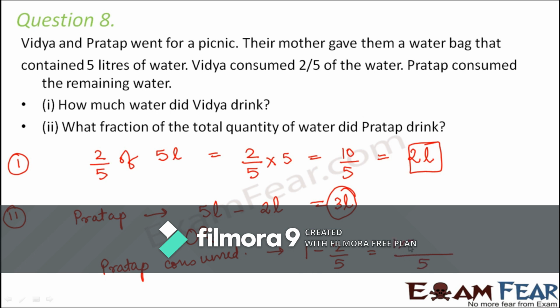So 1 into 5 is 5. So this is 1 into 5 minus 2 into 1, which is equal to 3 by 5. So Pratap consumed 3/5 of the total water. And if you follow this procedure, you get that Pratap drank 3 liters of water. So when you want to find the fraction, you would say that Pratap drank 3 liters out of 5 liters of water. So in this case also you get the same result, that Pratap drank 3/5 of the water.